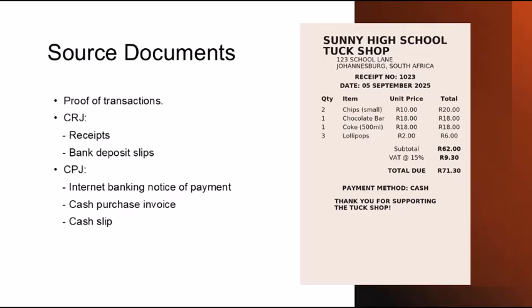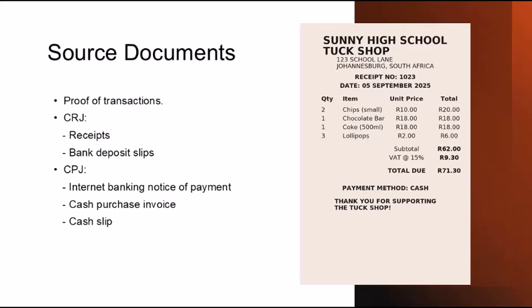For the Cash Payments Journal, examples will include a cash slip when you pay at a till of your supplier and they give you a cash slip, or an internet banking notice of payment when money is paid electronically through an electronic funds transfer. Think of source documents as evidence.